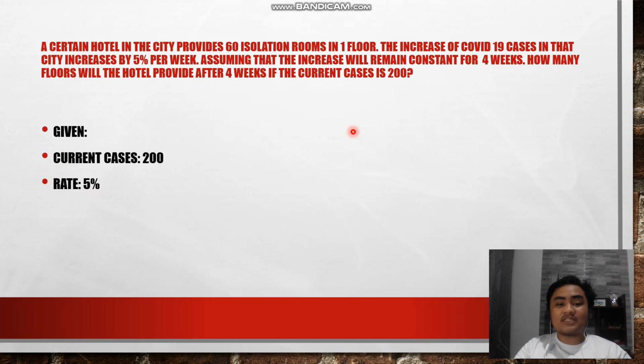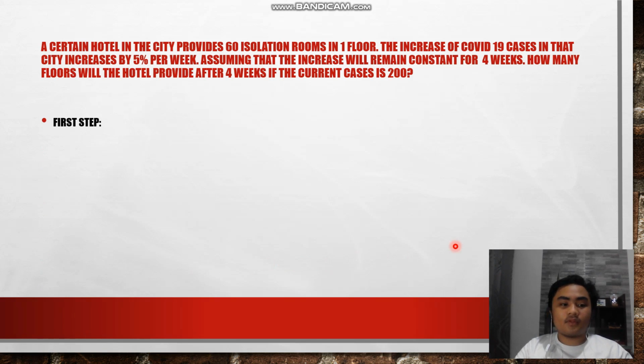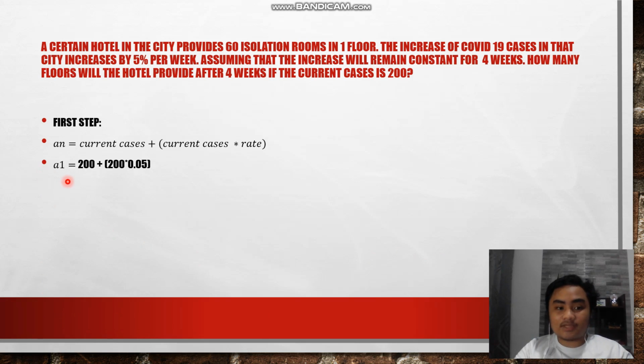So the first step is to find our A sub 1 through this formula. A sub n is equal to the current cases plus current cases times the rate. So A sub 1 is equal to the current cases, which is 200, plus 200 times 0.05. That is the 5%.